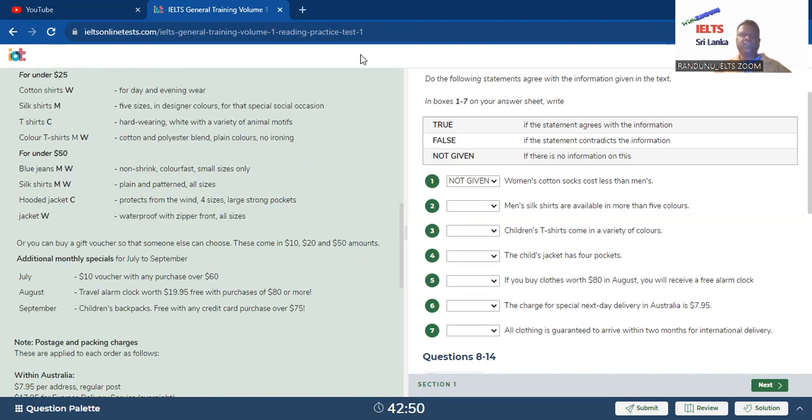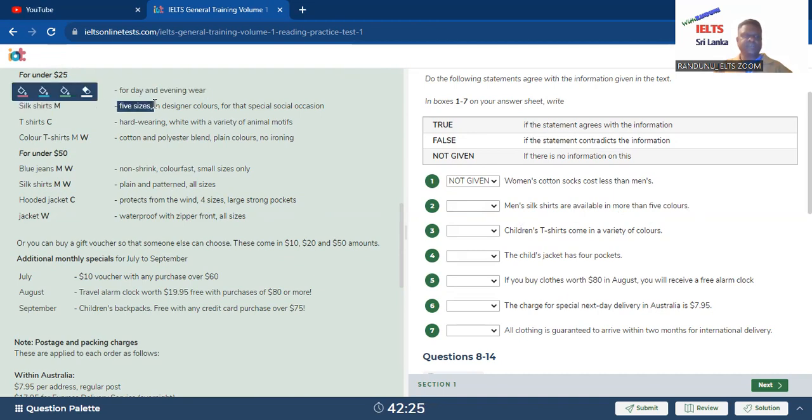You have started to give the answer as not given. Anything apart from not given? Yeah, somebody is telling it is false. Let us see whether it's false or not given. Men's silk shirts are available in more than 5 colors. Okay. This one is the one.